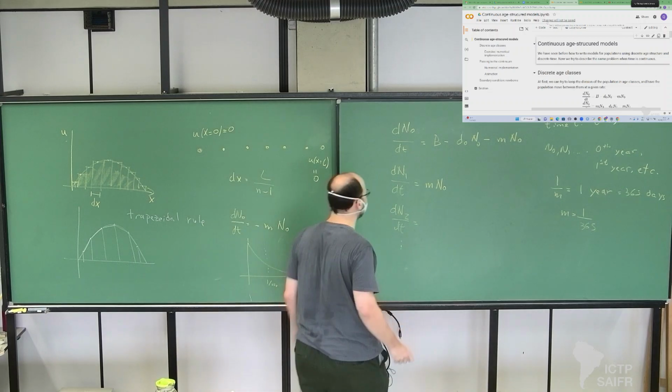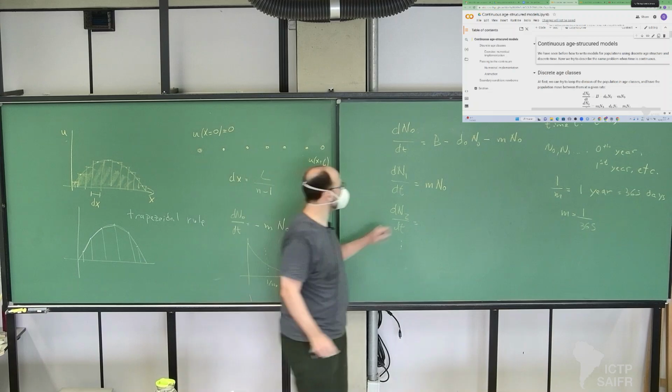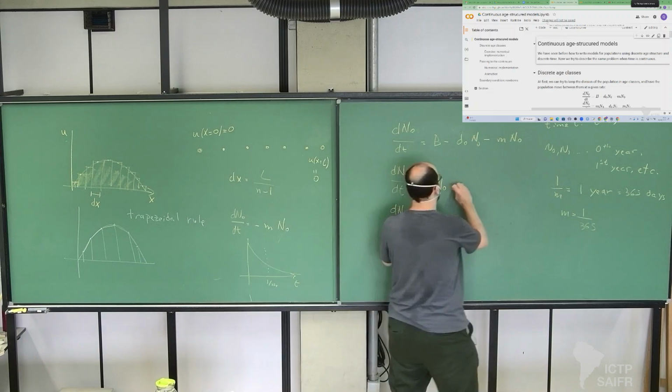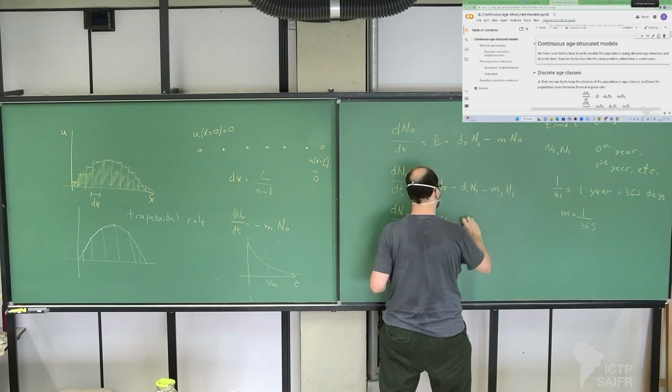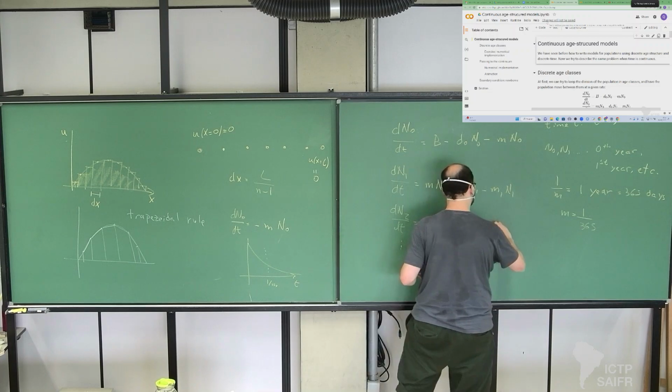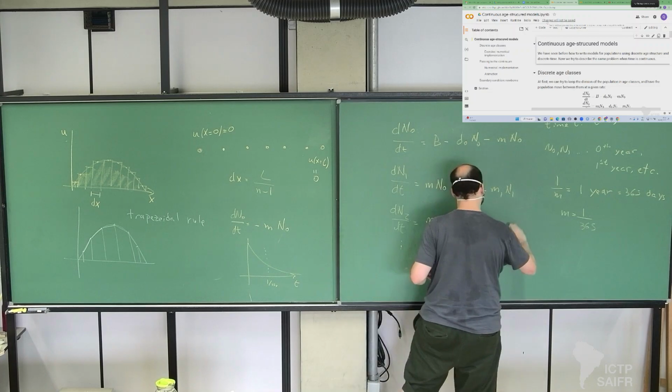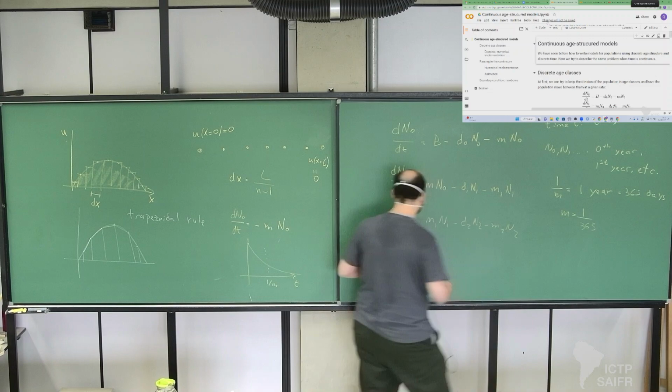But first let me finish writing this. So I'll have here mortality for population 1, and aging, and so on: M1 N1 and G1 N1 minus G2 N2 and so on. And of course, I have to stop somewhere, I don't want to go to infinity here.